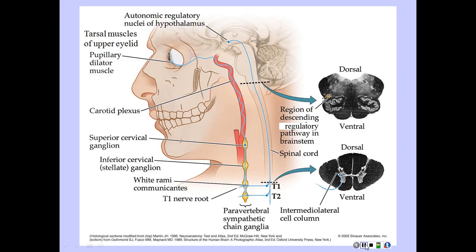Because if ocular motor is not working, then the levator palpebrae superioris muscle is not working, and the patient has a droopy eyelid on the affected side. But it turns out that if the sympathetics are not working properly, you'll also get a droopy eyelid on the affected side.